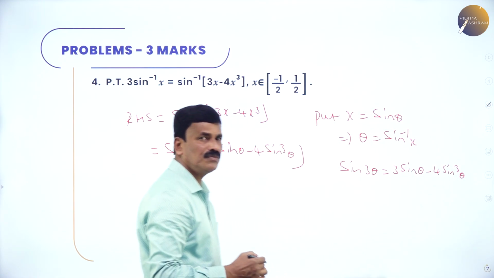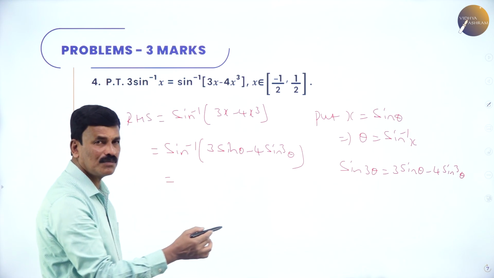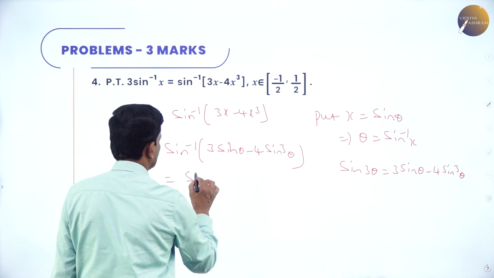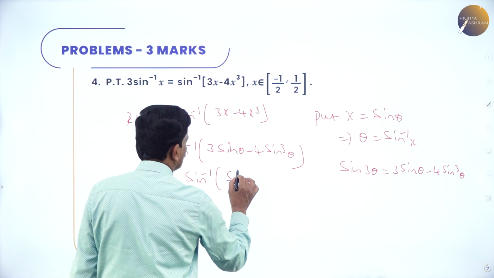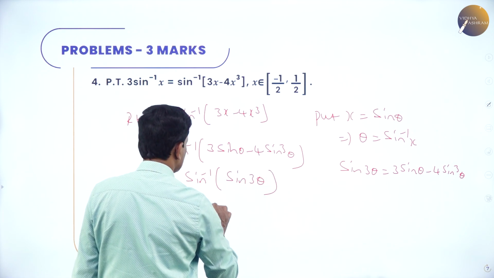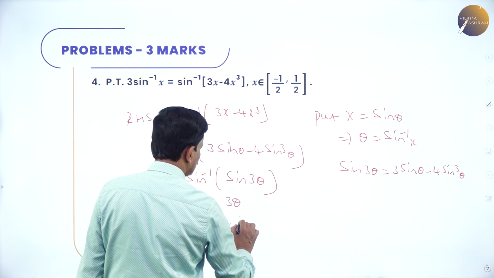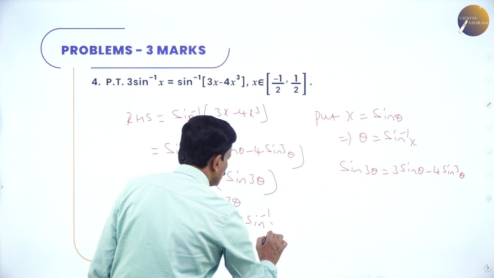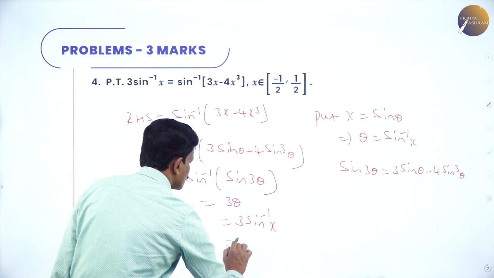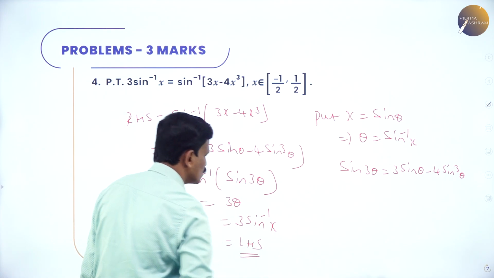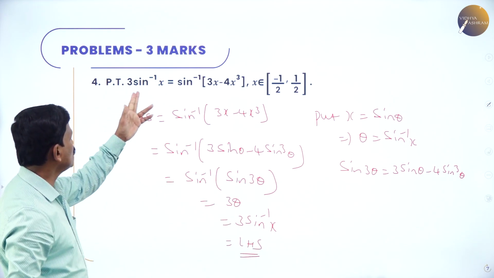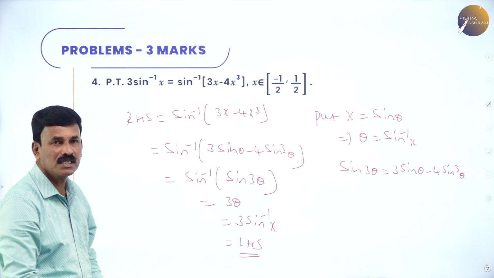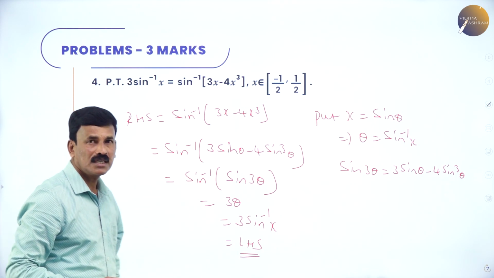Right. So if you observe carefully, 3 sin theta minus 4 sin cube theta is nothing but sin 3 theta. Sin inverse of sin 3 theta. Sin inverse gets cancelled, 3 theta, that is 3 into what is the value of theta? Sin inverse of x. So 3 sin inverse of x, which is the required LHS. That's it. So therefore 3 sin inverse of x is also equal to sin inverse 3x minus 4x cube.